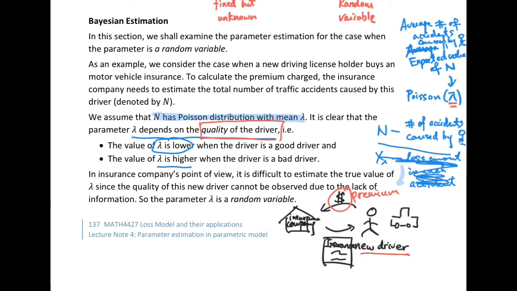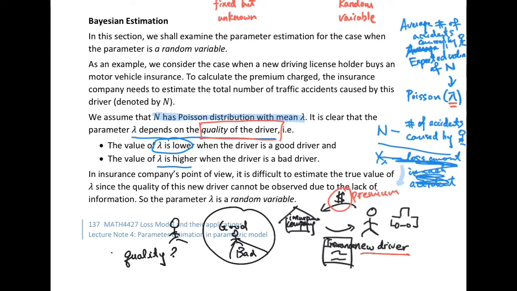Perhaps the best that they can know is that this driver is taken from a population which contains good drivers and bad drivers, and this driver is only a particular person coming from this population. But you don't know whether he comes from the group of good drivers or the group of bad drivers. Because of that, they don't know the quality of the driver, so there is an uncertainty.